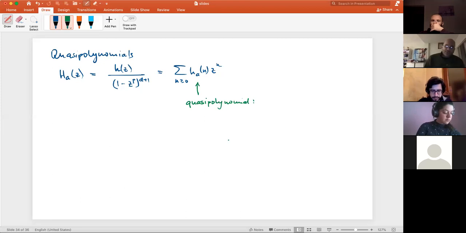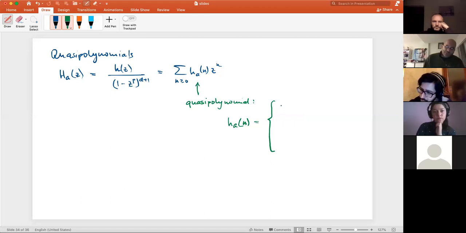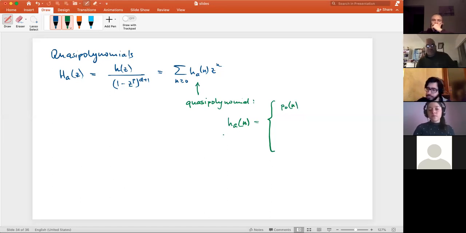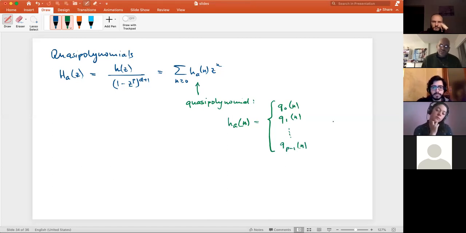So what does that mean? My favorite definition of a quasi-polynomial is a piecewise defined function where your pieces, there are too many p's floating around, so let's call them q for quasi, q0, q1 down to q_{p-1}. So there are p pieces depending on what n is modulo p.